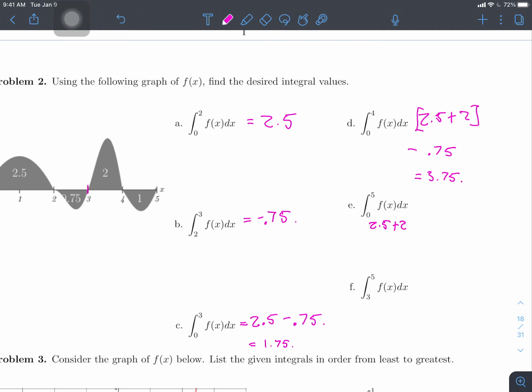And then I'm going to subtract the area beneath, which is just 0.75 plus 1. So I get 4.5 minus 1.75. No, I don't. I get 4.5 plus 1/4, which is 4.75. We happy?